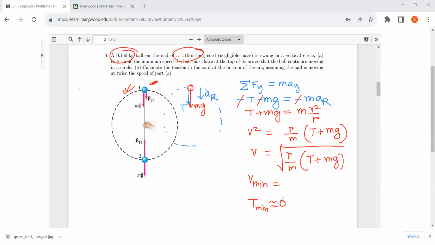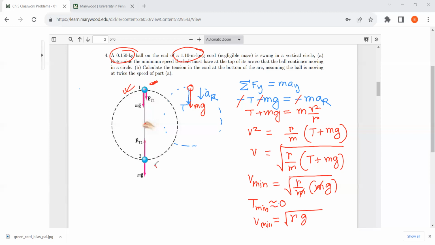Okay, so if the minimum tension is equal to 0, this equation becomes r over m times mg. m and m cancel out, so v minimum is equal to square root of r times the gravitational acceleration.